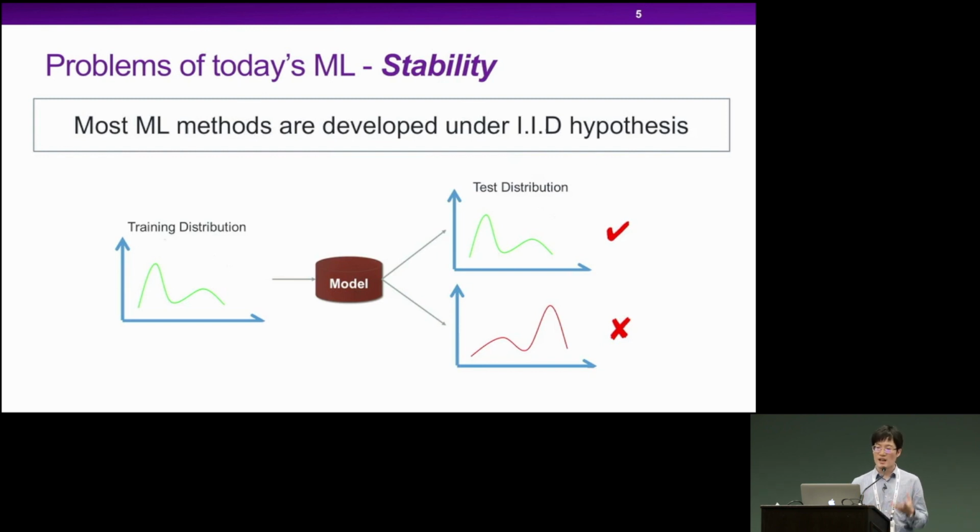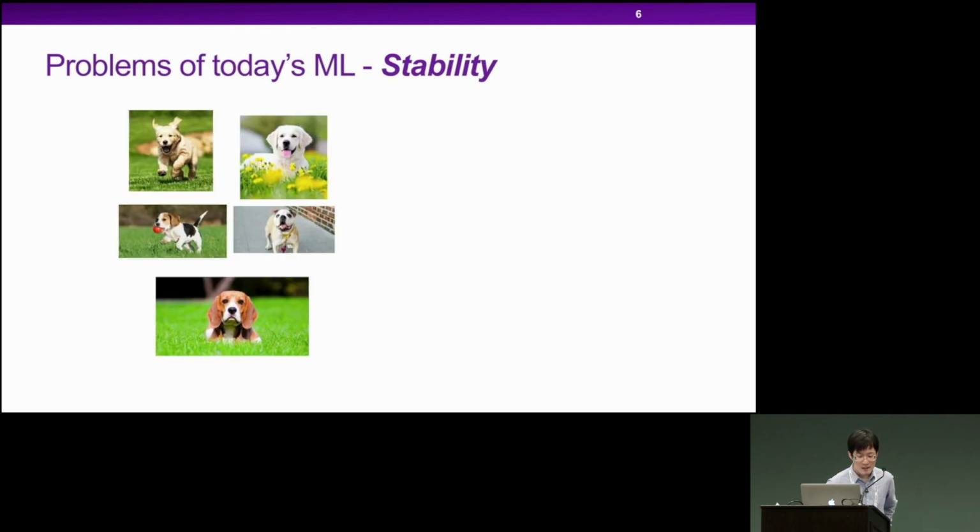Why? Because we can never control the generation of testing data. In real applications, we can never guarantee the testing distribution just follows the training distribution. So how can we make the performance of a model stable? That's a very important problem to consider. So I will show you two very simple examples.